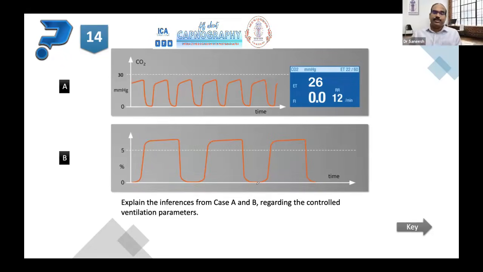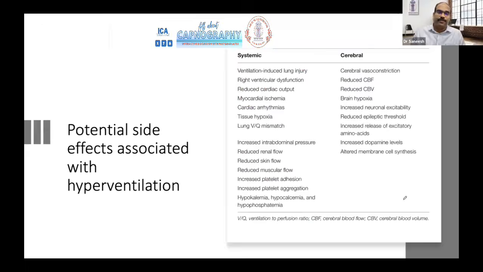So there are two contrasting scenarios. One where the ETCO2 trend has gone down, and the second where, trend-wise and value-wise, it is going up. So these are the situations where hyperventilation is done, and we need to be aware of the potential side effects associated with hyperventilation. It's not always good.